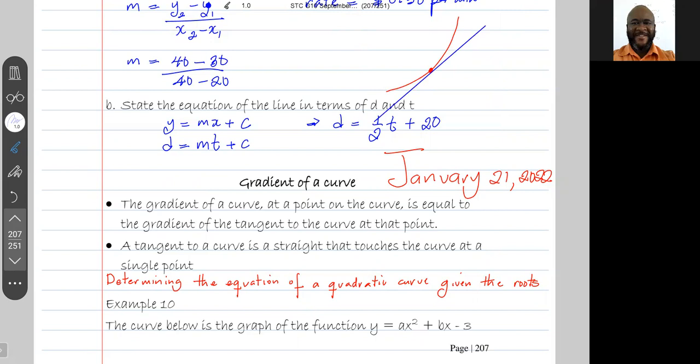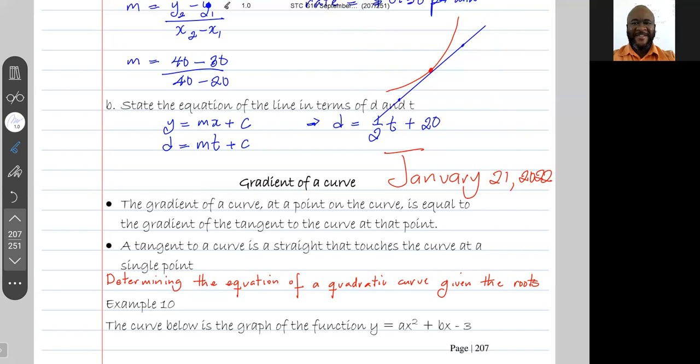So I can't directly find the gradient of the curve, but the gradient of the curve is equal to the gradient of the tangent to the curve. So when I'm asked to find the gradient of the curve, what I do is I draw the tangent at the point and find the gradient of the tangent instead.